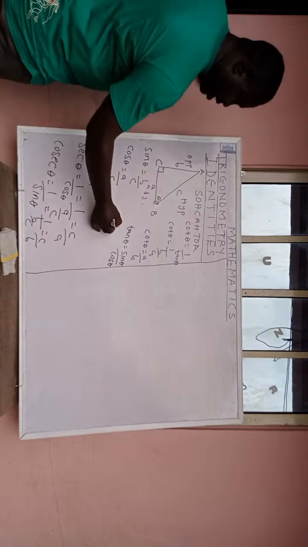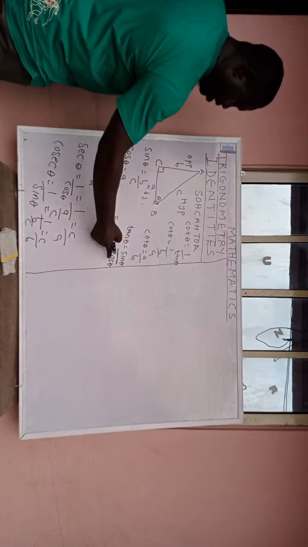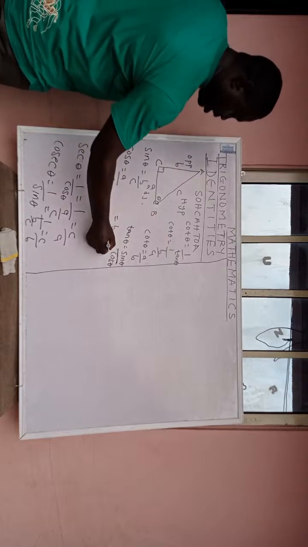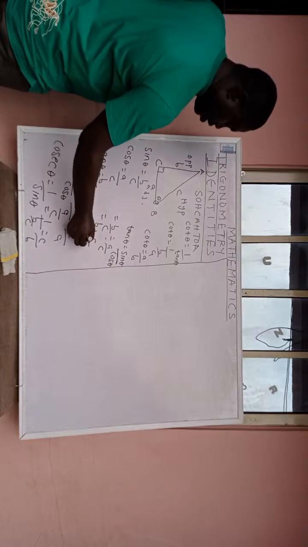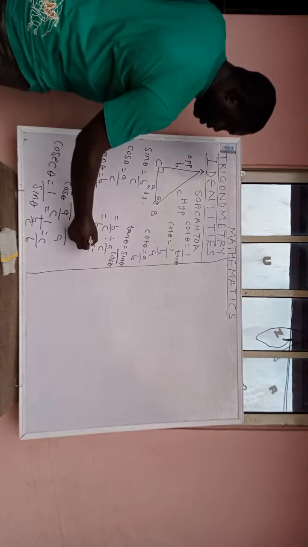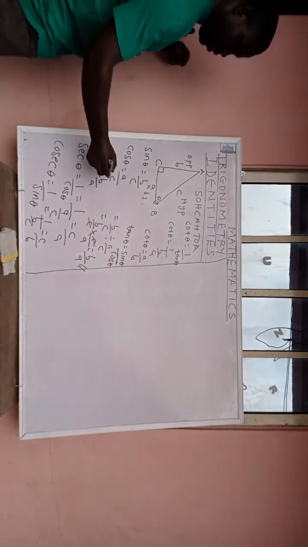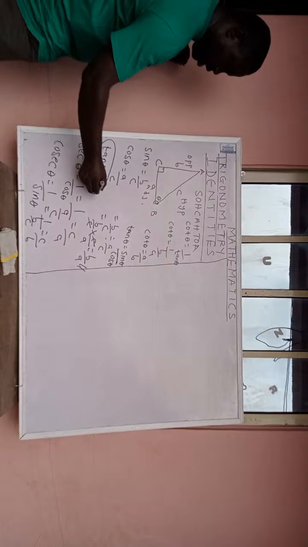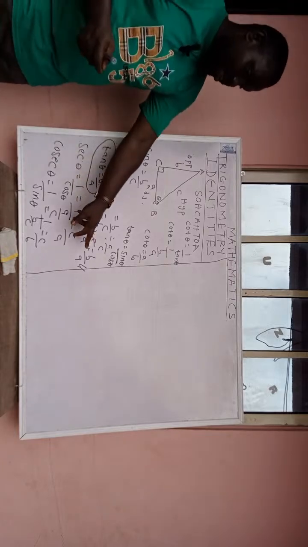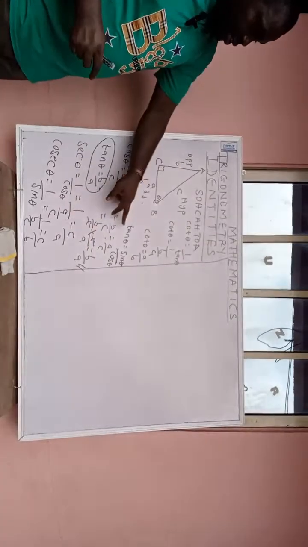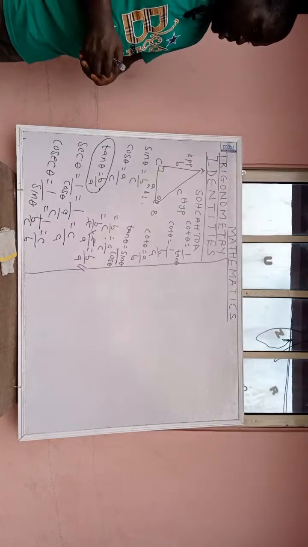Sin theta is B over C, divided by cos theta, which is A over C. So B over C multiplied by C over A gives you B over A. And what exactly did we have before? We had B over A, and that tells you that your tan theta is sin theta over cos theta.